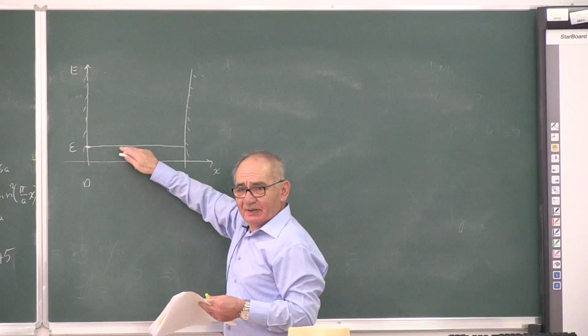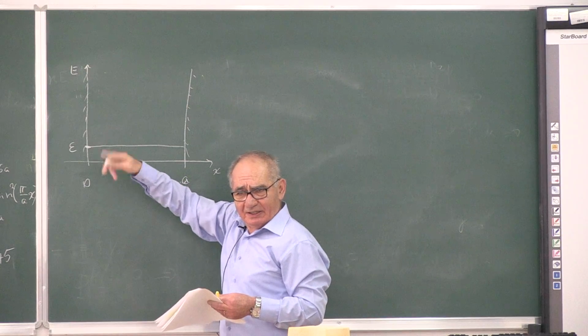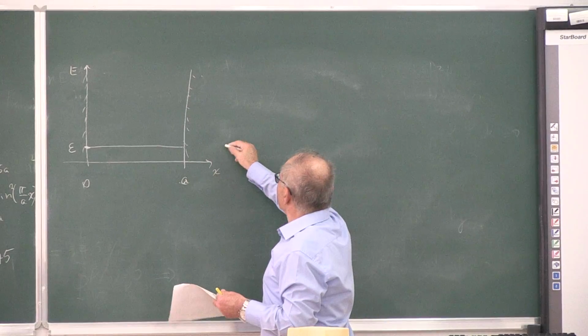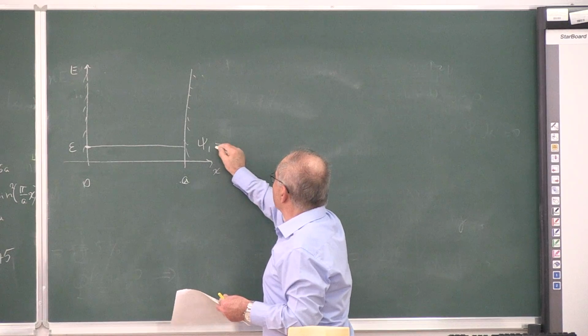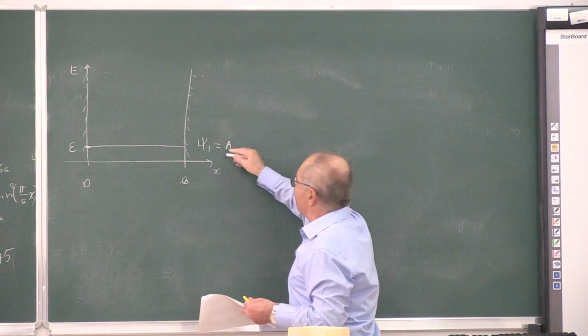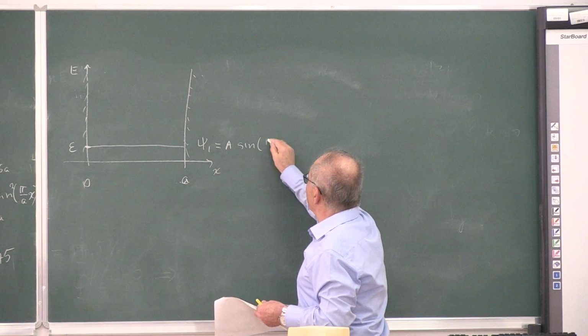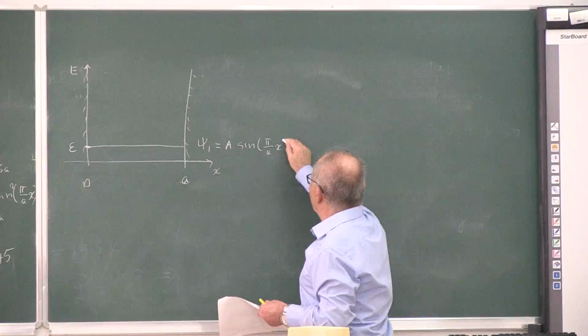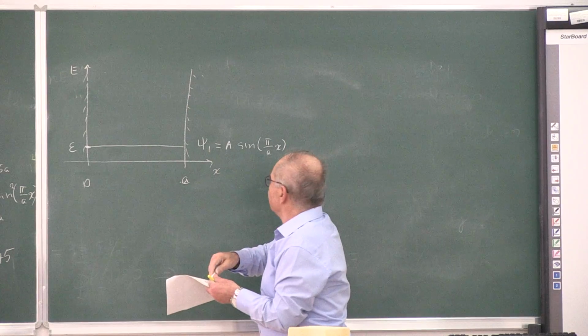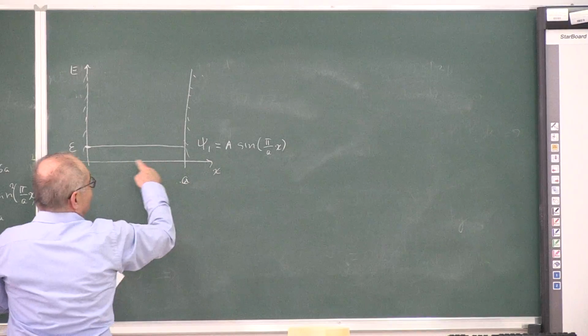Using this axis, I'm going to draw the graph for psi 1. What is psi 1? Normalization constant, which is square root of 2 over a, times sine pi over a x, as a function of x.